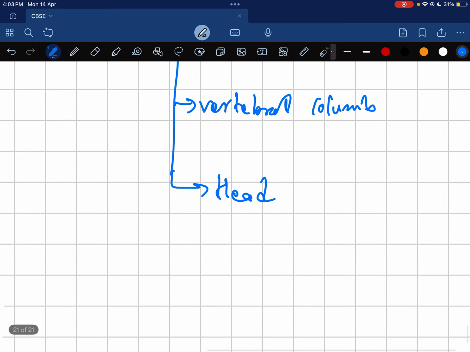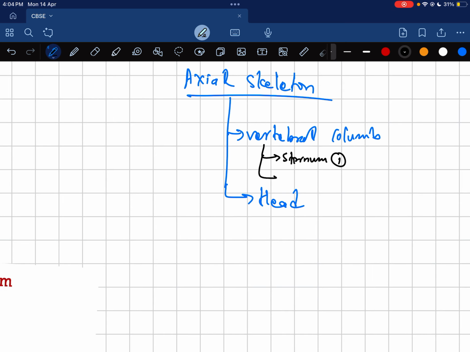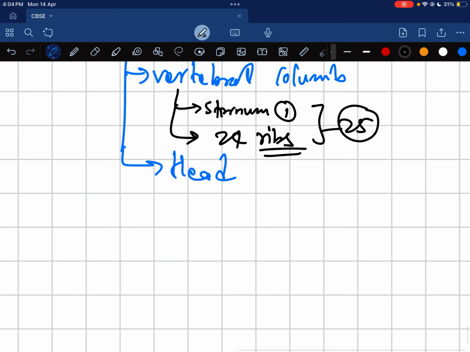In the thoracic cage there is the sternum, one bone. This is 1 in number, and there are 24 ribs. Total 25 bones we have covered, and in the ribs there are 2 pairs of floating ribs.